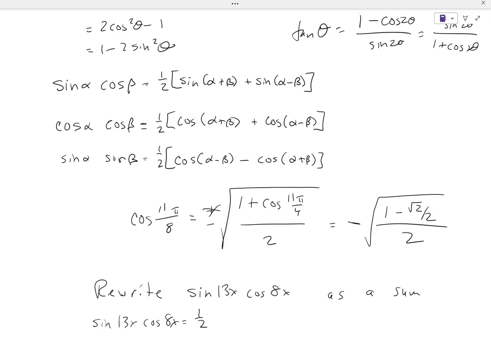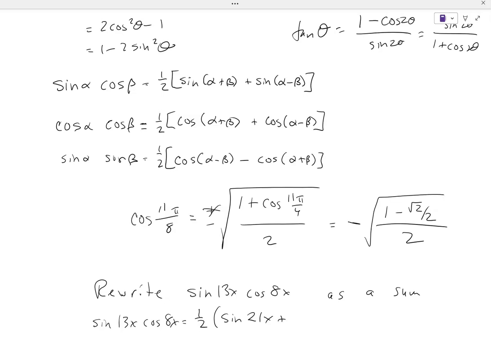So what goes inside the first sine function? 13x plus 8x, so you have 21x there, right?